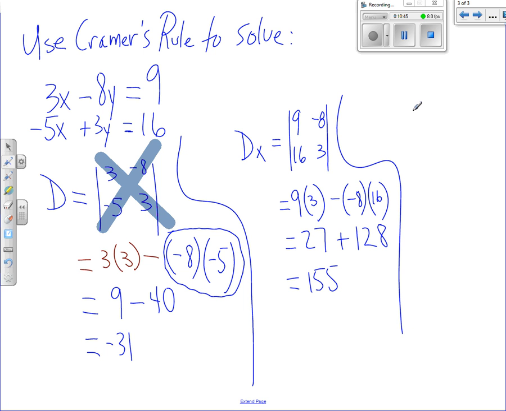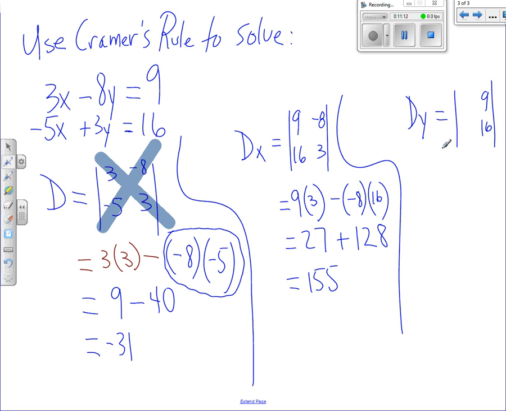Okay, now we need to do our dy, determinant of y. And with the determinant of y, the coefficients go in last. So here for x, they were first. For y, they're last. So maybe a good way to remember that is just like in an ordered pair, x, y, x comes first. Well, here the constants go first.